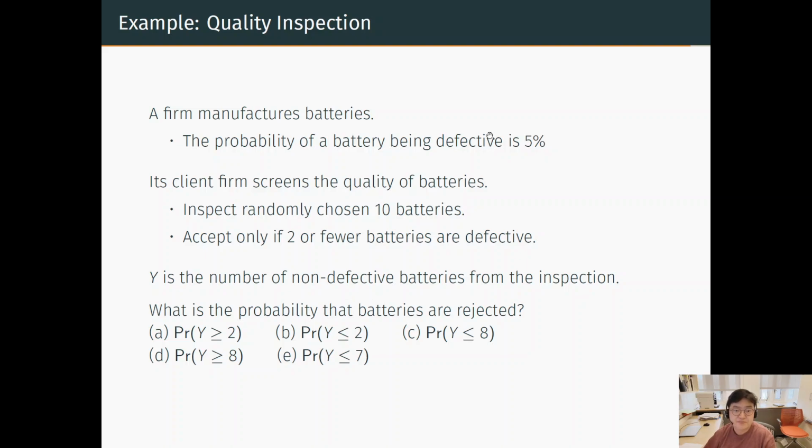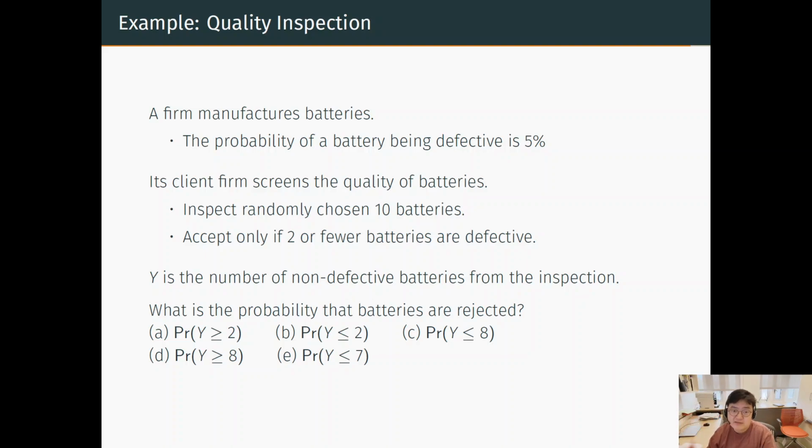That's possible. So the automaker, the vehicle maker, receives shipments of batteries from battery manufacturers, but automakers try to screen the quality of the batteries. If too many batteries are defective, the automaker will return the batteries back to the manufacturer.